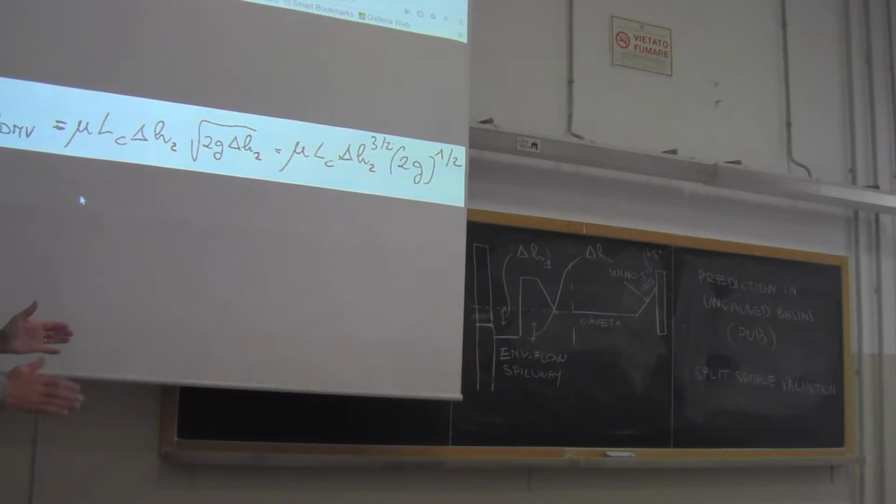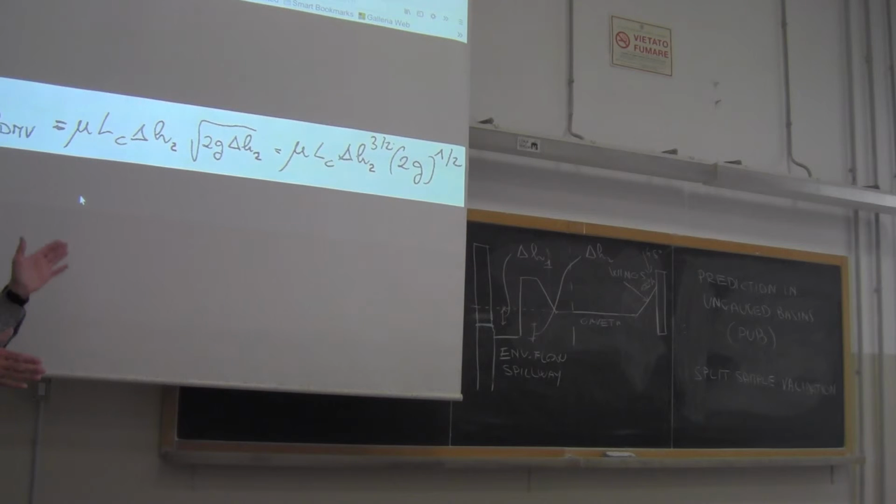For a weir with a large threshold, mu is equal to 0.385. If you have a weir with a sharp threshold, then you have to change the coefficient.